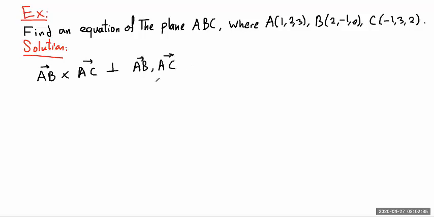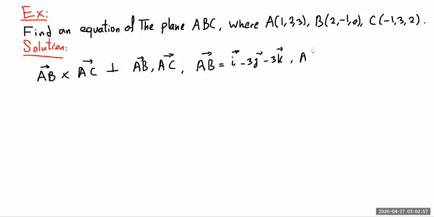So we will use this idea. Let's calculate the cross product AB times AC. What is the vector AB? The vector AB will be 1i minus 3j minus 3k.